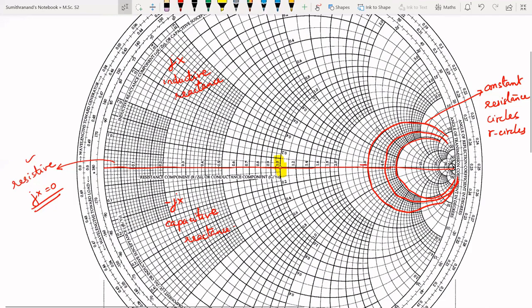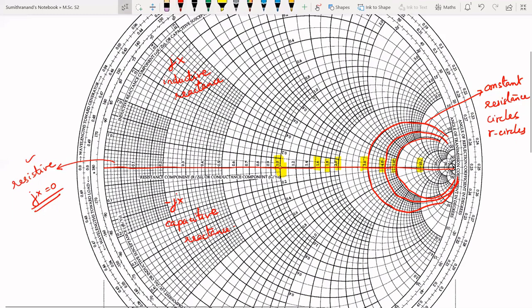Here it is written as 3, then 4, 5, then 10, 2, 1.8, 1.6, etc. I don't know whether it is possible for you to see the values clearly, but it is written there 1.4, 1.2, etc. So each constant resistance circle has a particular resistance value. So these are known as the constant resistance circles.